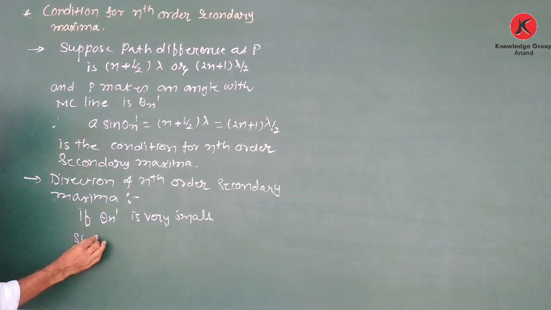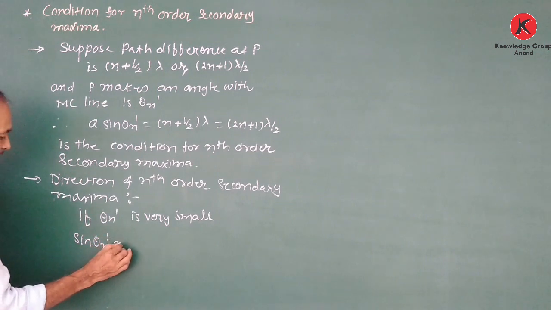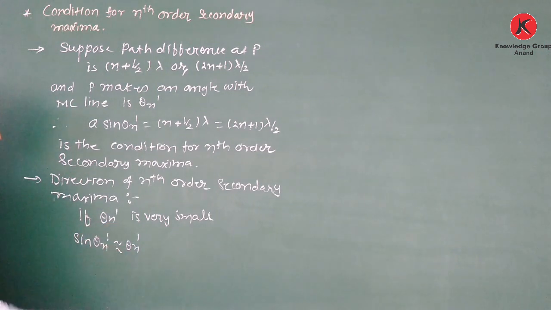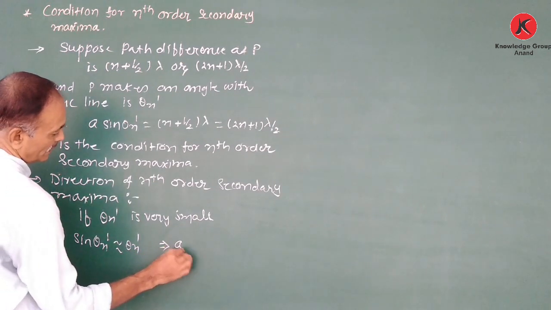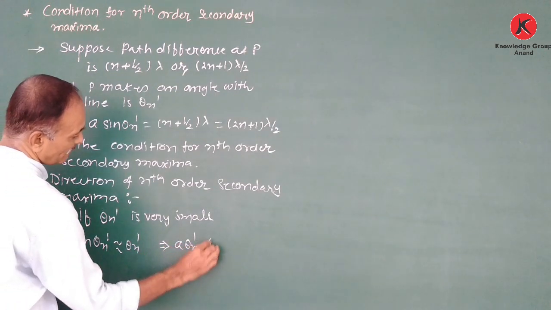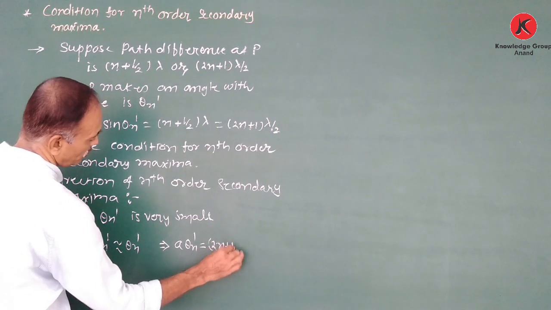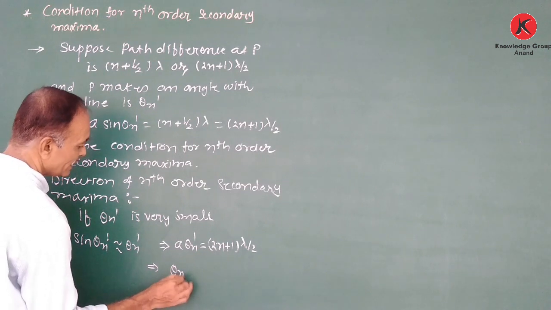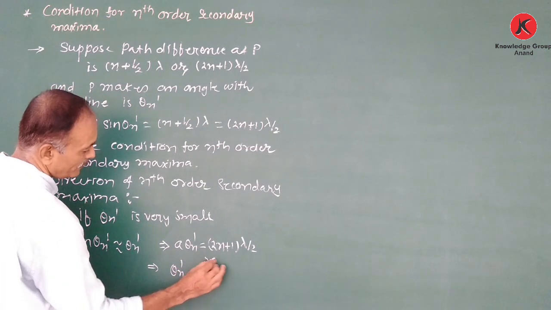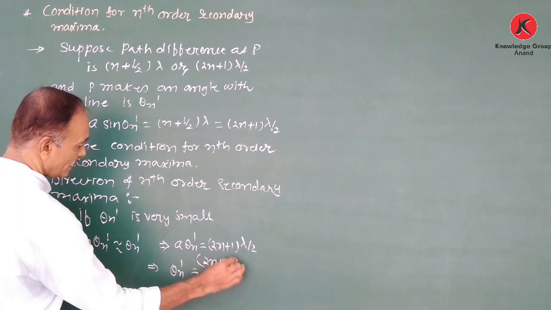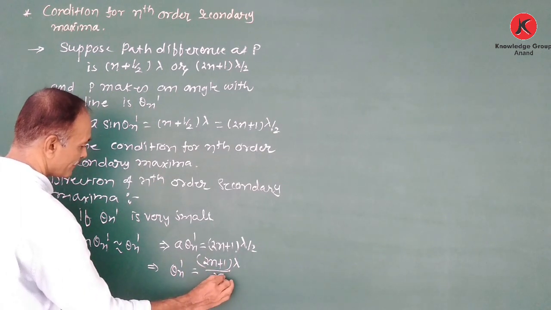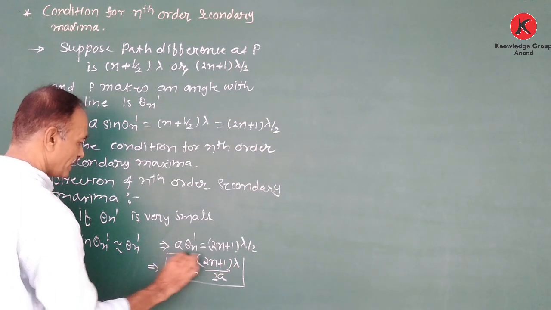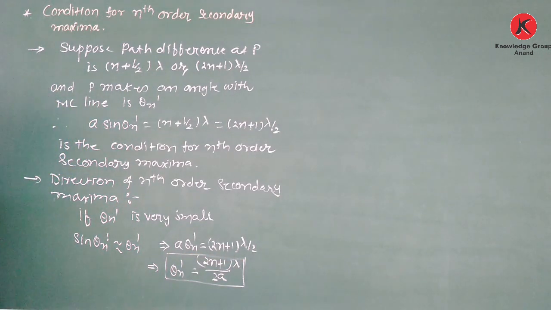In that case, sin theta n dash is approximately theta n dash. Therefore, a theta n dash is equal to 2n plus 1 into lambda by 2. Therefore, theta n dash is equal to 2n plus 1 into lambda upon 2a. This is the equation of direction of nth order secondary maximum.